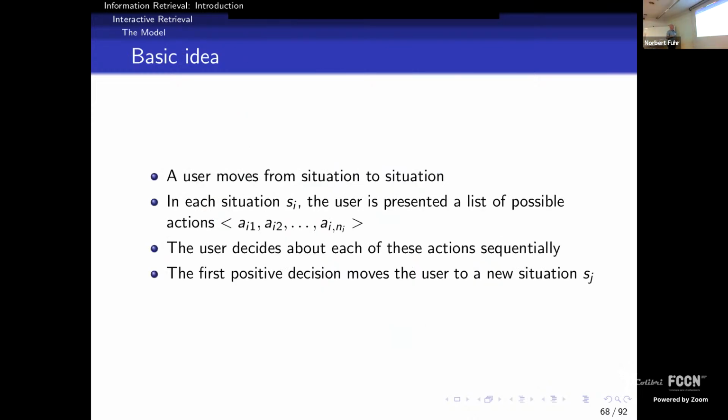So here we have it again. The user moves from situation to situation. The user is presented a list of possible actions. Then the user decides about each of these actions sequentially, and the first positive decision moves the user to a new situation.